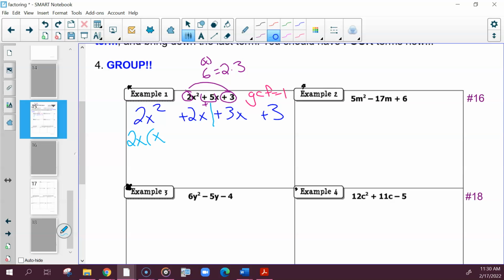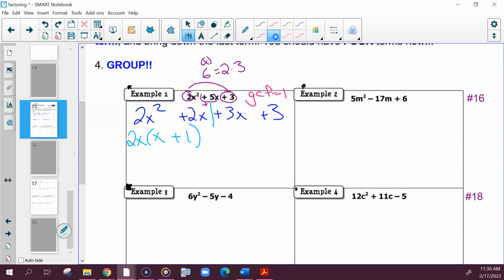x, for the first one. Say that again. x. We divided 1x out. So just 1. And then 2x divided by 2x, 1. So plus 1.